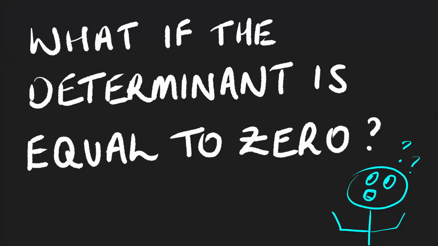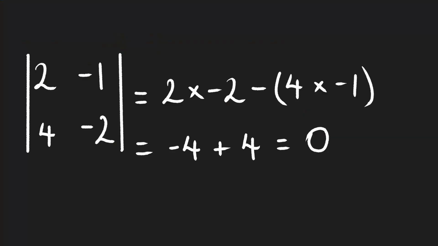Now moving on, what happens when the determinant is equal to 0? Well, let's use one of our matrices that we looked at in our previous videos. We have 2, -1, 4, -2. So let's start off with our unit square and watch this transformation.